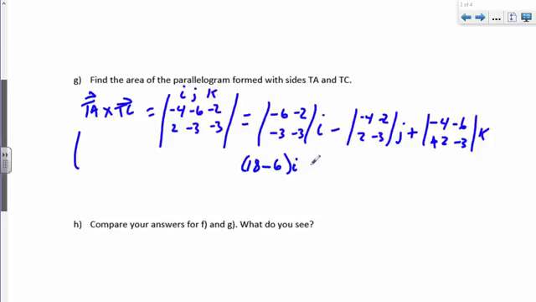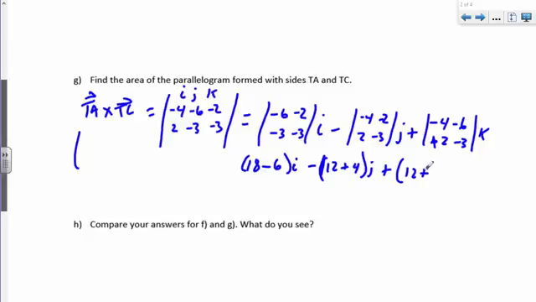And then we'll keep going. We'll say -4 times -3 is 12 right here. And then we're subtracting a negative, right? We're subtracting a -4, which means we're adding 4. And then here we're going to have 12 again. And now we're subtracting a -12, so we're going to add 12.